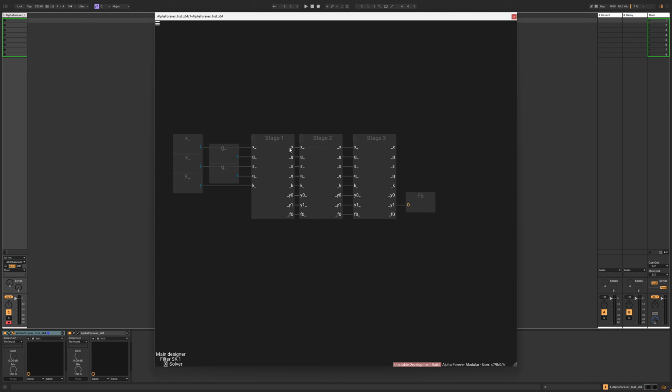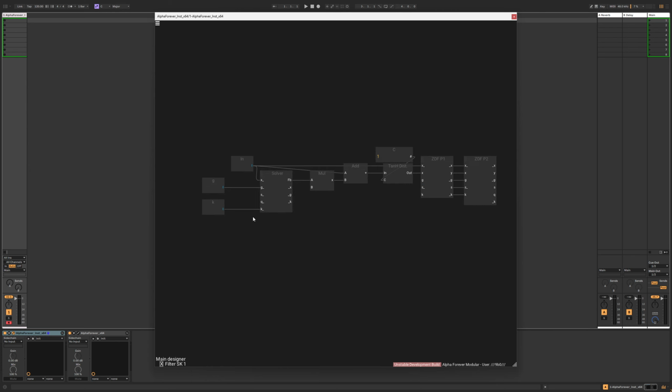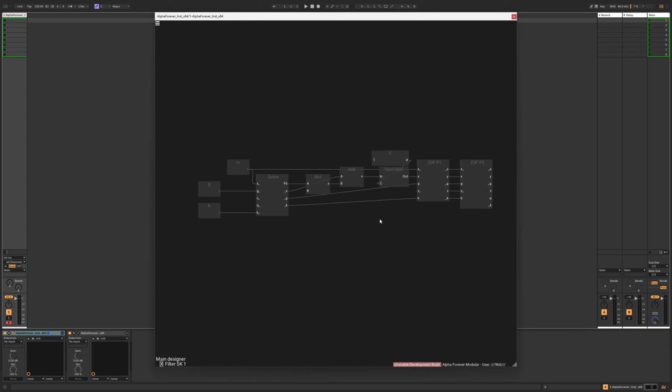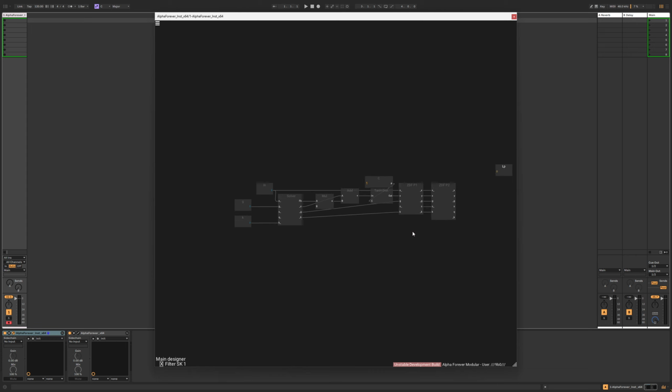Also for X I create an output, and for G, and for the resonance K. This way we can patch further, so I can plug X there, and plug G here, and K there, to keep the patch cleaner.